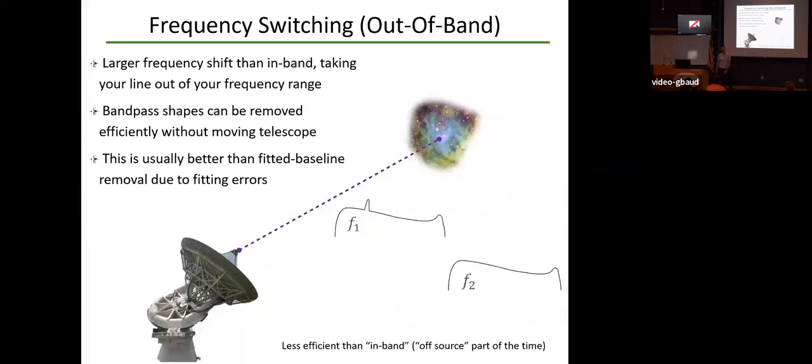In practice, I have done in-band frequency switching only. But usually this is better at eliminating baseline structure than just trying to fit a polynomial or something to that baseline and subtracting it away. Right? So it works the same. The benefit that in-band has over out-of-band is that in-band is on source for twice the time for the entire observation.